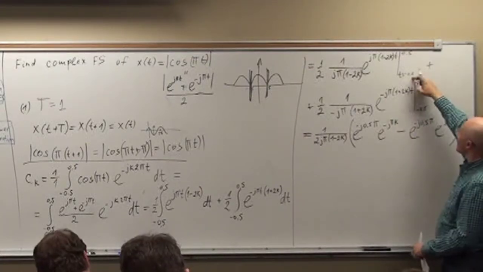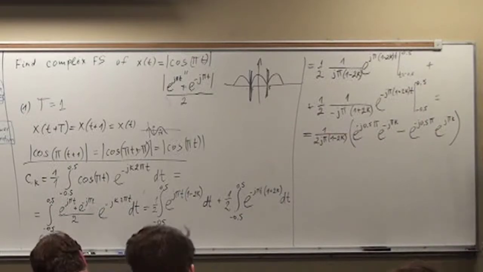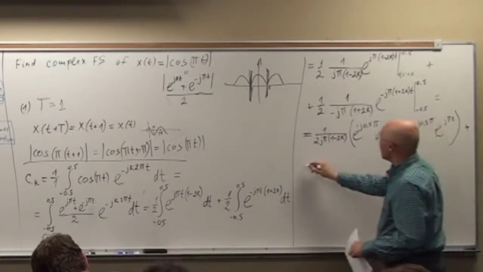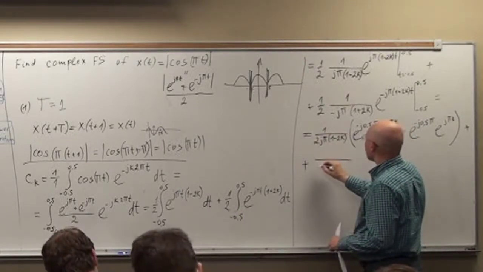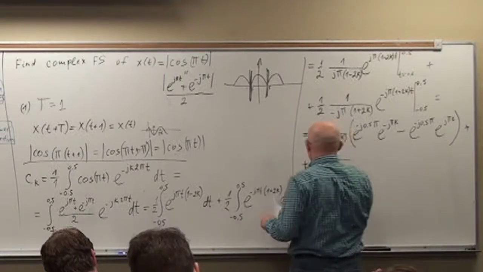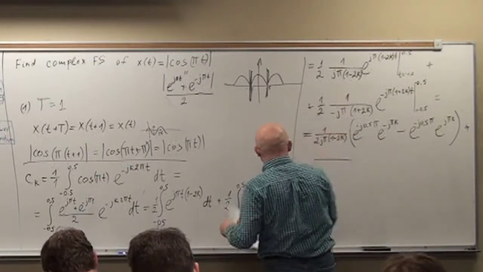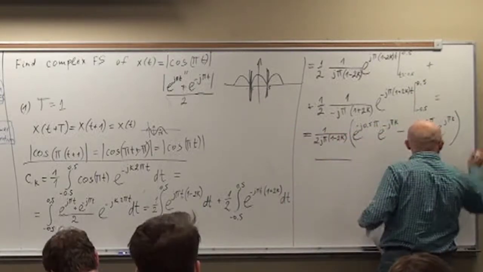Okay, so this is the second part. When I'm subtracting from that one, I'm subtracting that one. Now plus 1/2. So basically I can replace it with minus. So this is minus j here. So it's minus here, minus here.